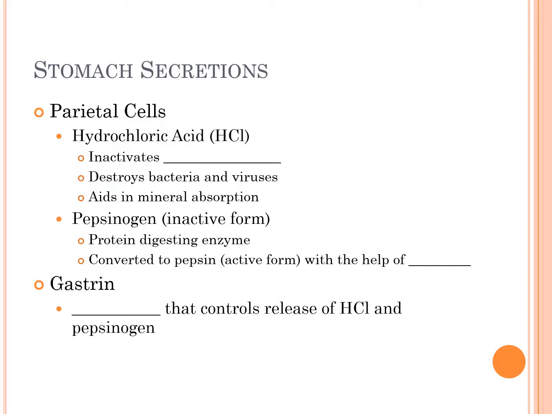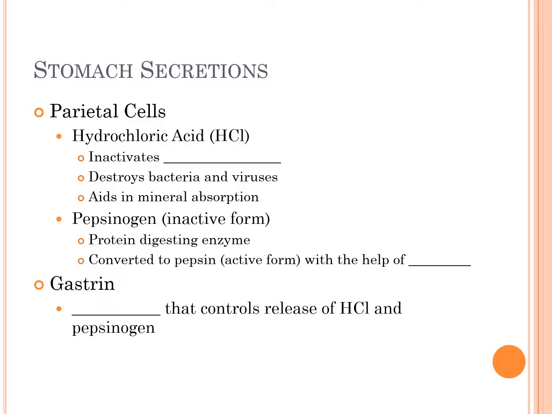So what the stomach does is it secretes an inactive version, pepsinogen, and once the pepsinogen meets the hydrochloric acid in the lumen, or the opening of the stomach, it is then converted to its active form.